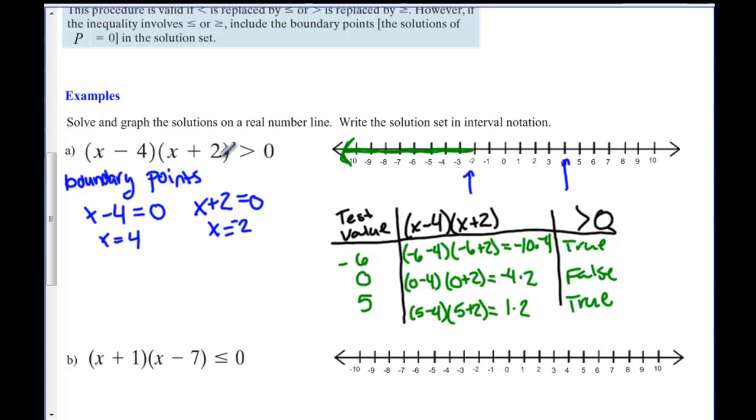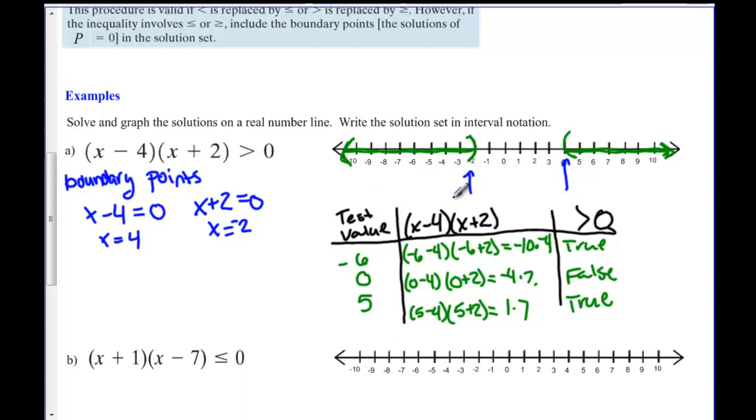We're going to have to use the parenthesis because our inequality doesn't have the or equal. So we're going to put a parenthesis here. All right, our next true one was whenever we had a test value of 5. So my 5's here, which means that this interval is true. Does that 4 get a bracket or a parenthesis? Parenthesis, right? Okay, so now we've marked everything that's true on a number line.